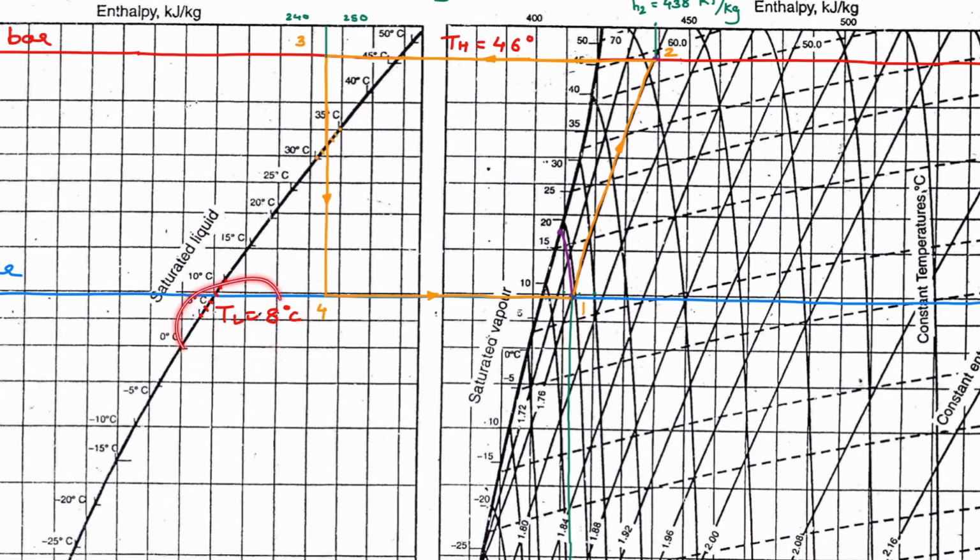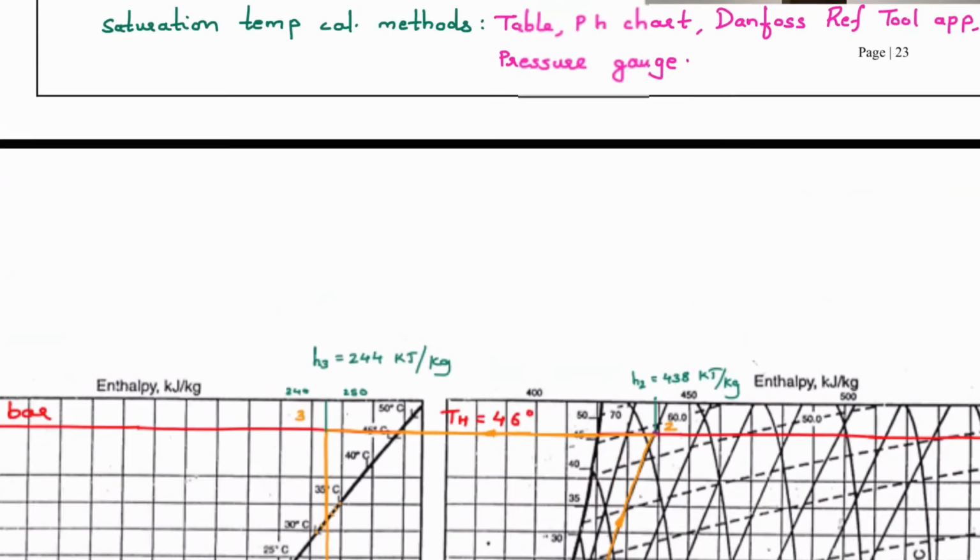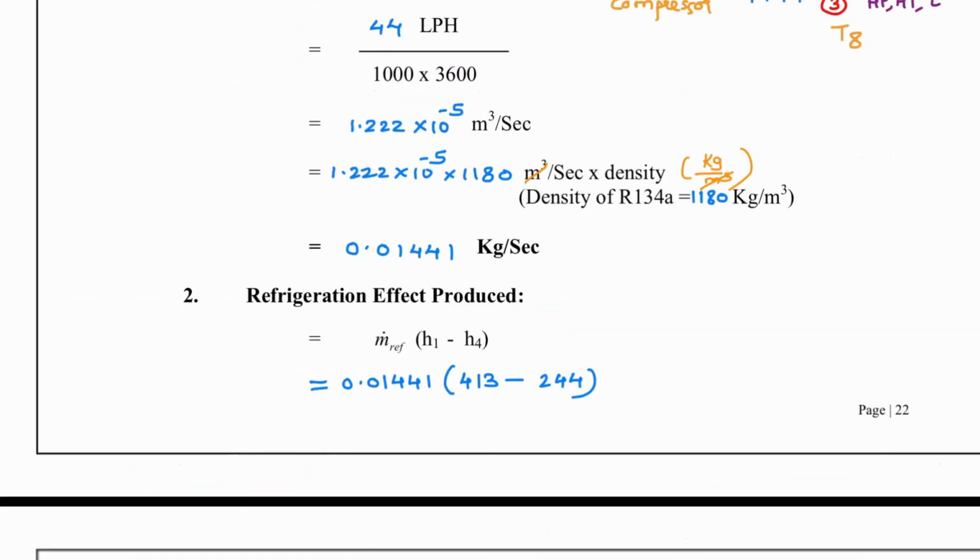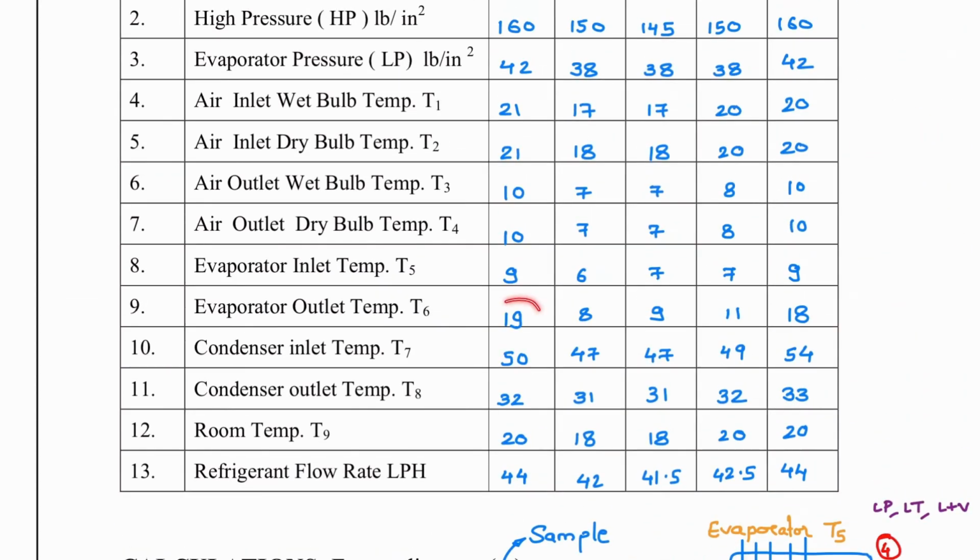So basically this 8 degrees Celsius refrigerant is sent to the entry of the evaporator. It picks up the heat, and finally here you can see it gets converted. What is the temperature which we got? The evaporator outlet temperature was 19. It picks up the heat from the occupants and then the temperature increases.